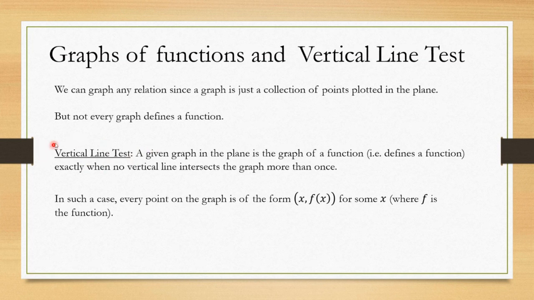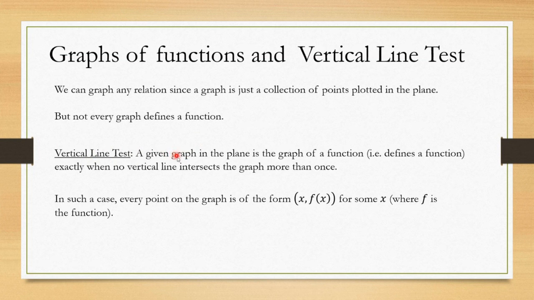Okay? Namely, the vertical line test is used to determine if a graph sketched in the Cartesian plane defines a function. That is, if it's the graph of a function. Namely, what has to happen is this.